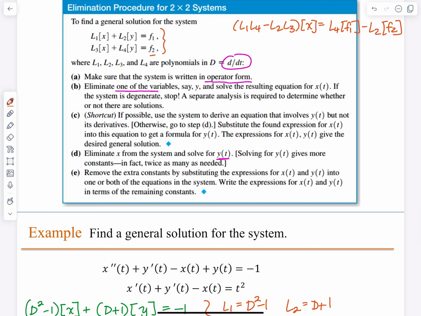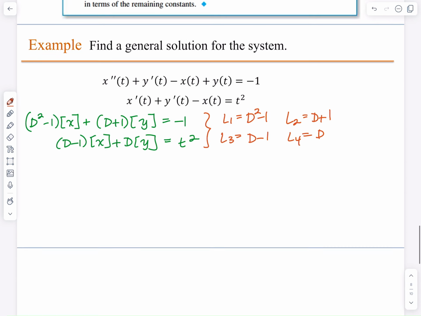We also could eliminate the variable y by using (L1 L4 minus L2 L3) of y and have that equal to L1 of F2 minus L3 of F1. So let's go ahead and do that down here.